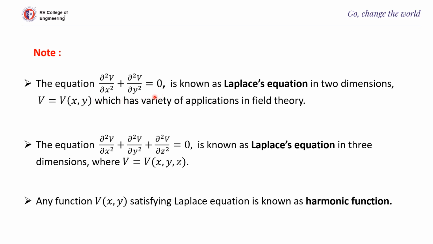This is the Laplace equation in 2 dimensions, and it has wide applications in field theory. And this is the Laplace equation in 3 dimensions. Any function v which satisfies the Laplace equation is known as the harmonic function.